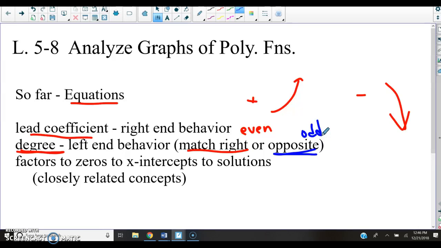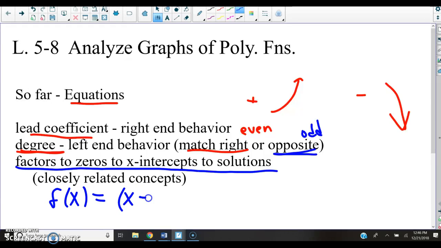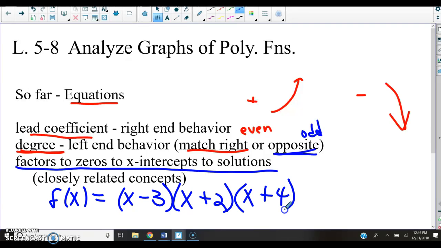Okay? And then we're taking a look at factors to zeros, to x-intercepts, to solutions. They're all closely related concepts. When you can factor your polynomial and it looks something like (x - 3)(x + 2)(x + 4), that gives you your zeros.